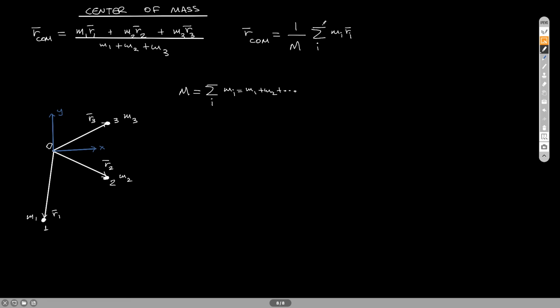And because I have the Greek letter sigma, this means I'm adding all of those products together, the m1 r1, and so on. So this is the definition of the center of mass. That's how you can calculate it. Now, I do want to point out this is a vector equation, right? So this is the position vector.